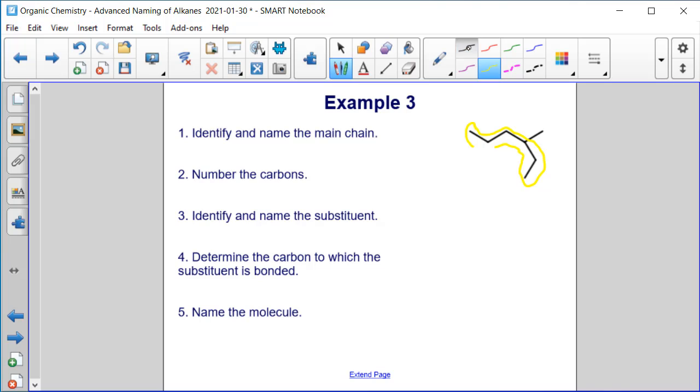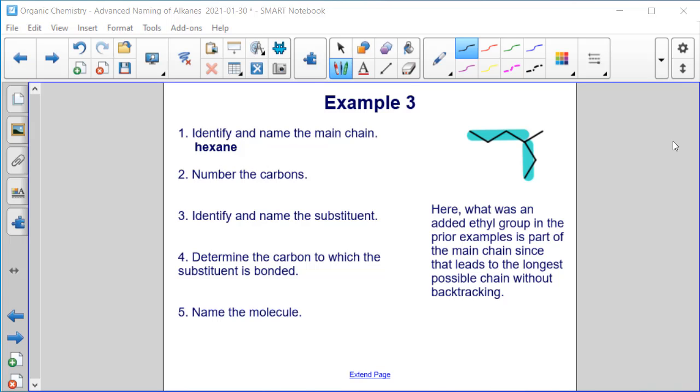So we would call that hexane. So here in this example, what was an added ethyl group in the previous examples is part of the main chain in this case, since that leads to the longest possible chain without any backtracking. So this is hexane.